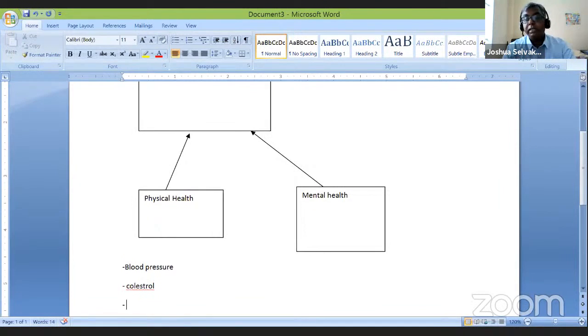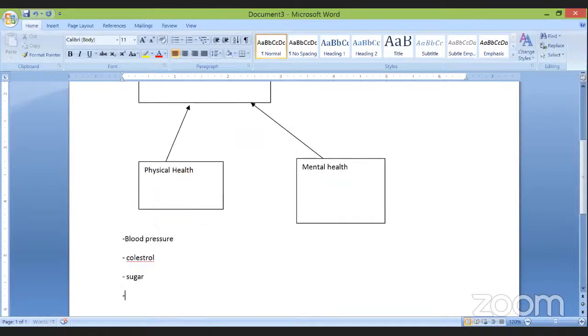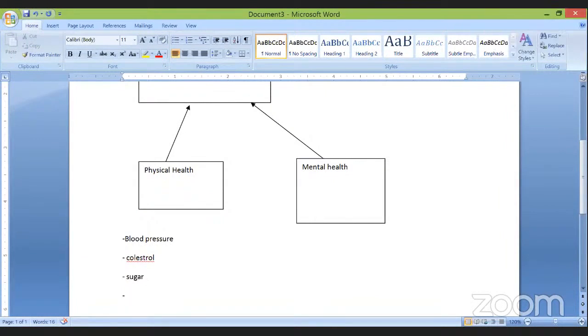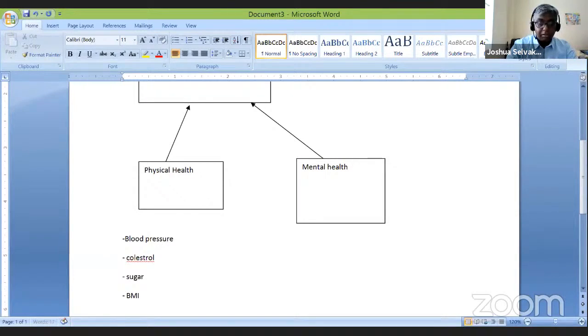Then blood sugar. Very good. Blood pressure, cholesterol level, sugar. Then what? What else can I put to understand physical health? If somebody is physically healthy, how do I tell? His body mass index, BMI, obesity.